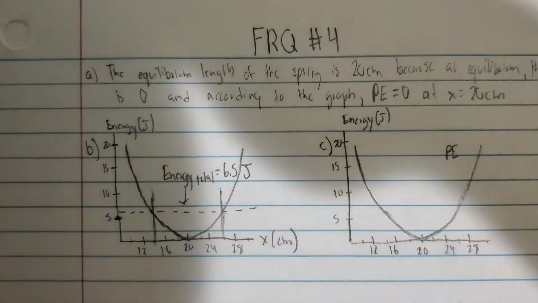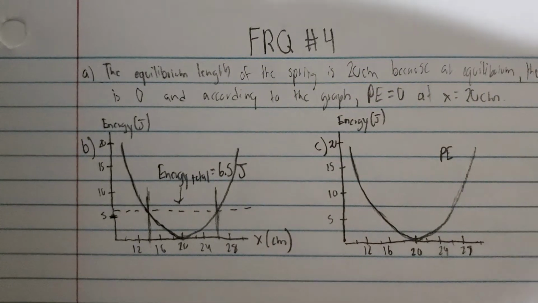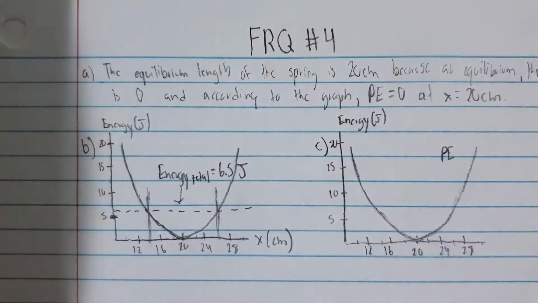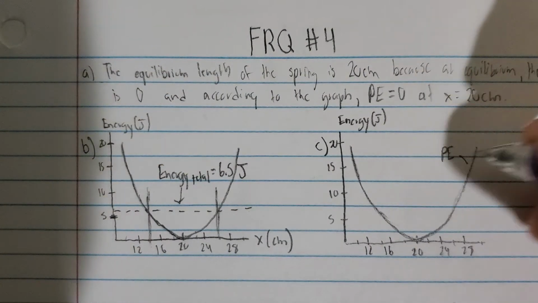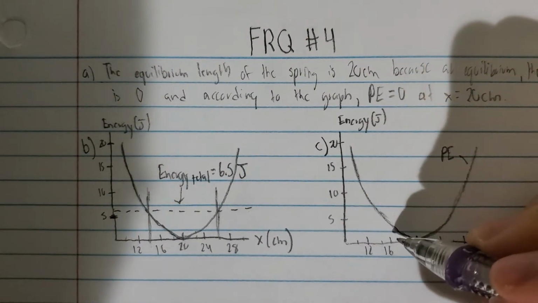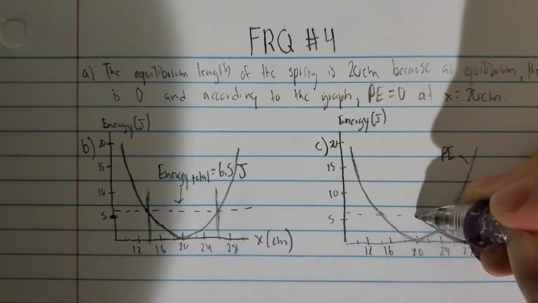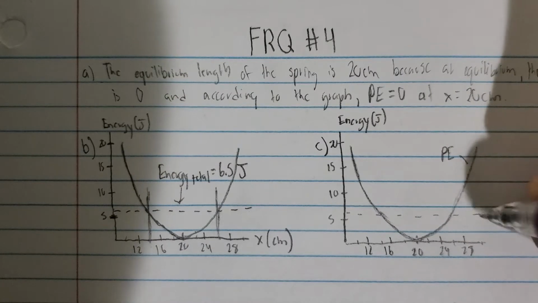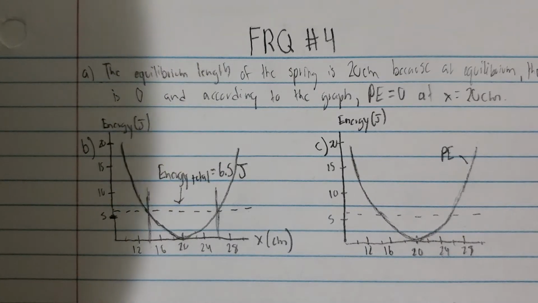And since I know that my total energy is 6.5, I know that my KE graph should not exceed this line where it is 6.5. I also know that my KE graph is exactly the opposite of my PE graph.